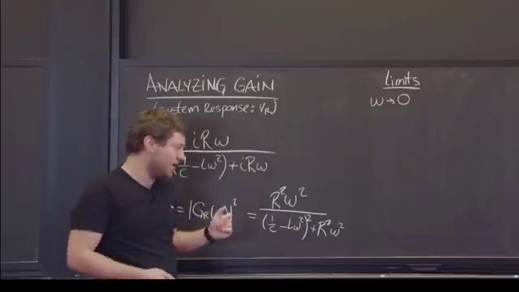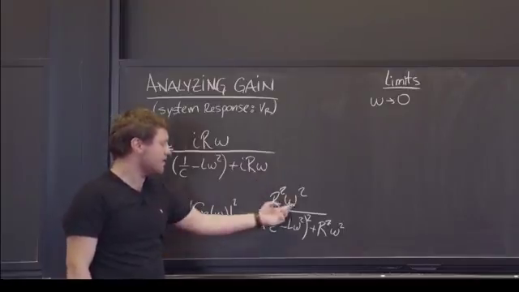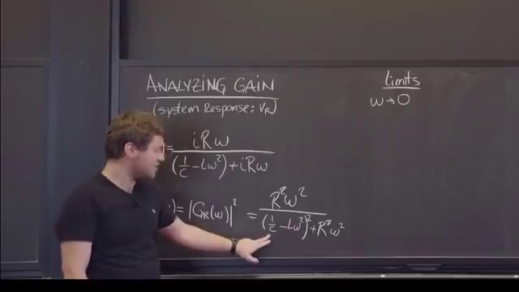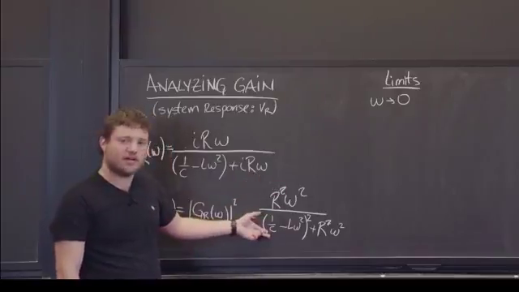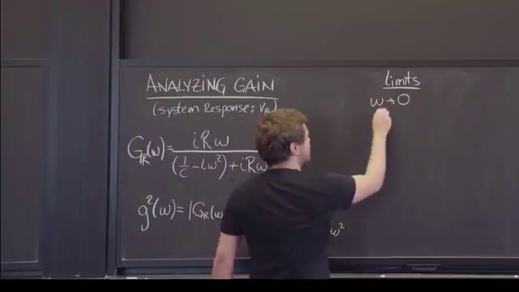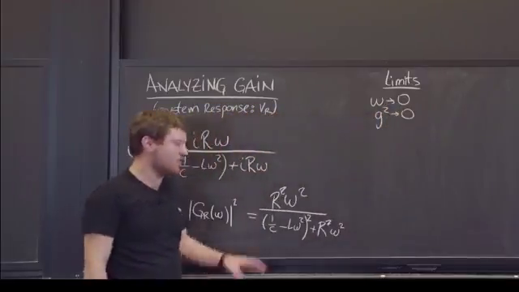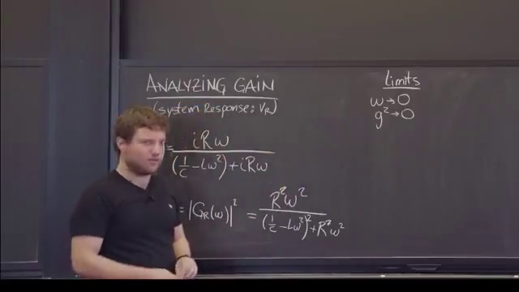If we plug in omega equal to 0, the numerator is equal to 0 because we have an omega squared here. But the denominator is not, because there's a term here that is a constant. So when we divide 0 by a constant, we recover that g squared goes to 0. So the gain goes to 0 as omega goes to 0.